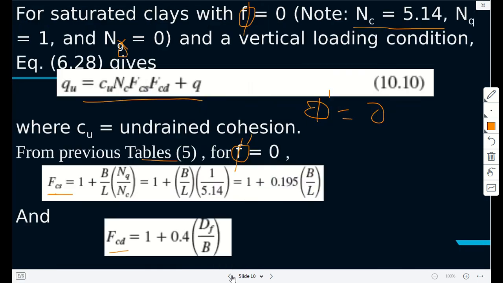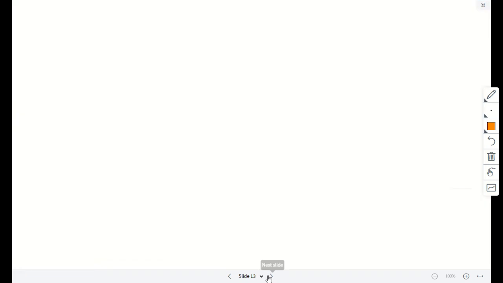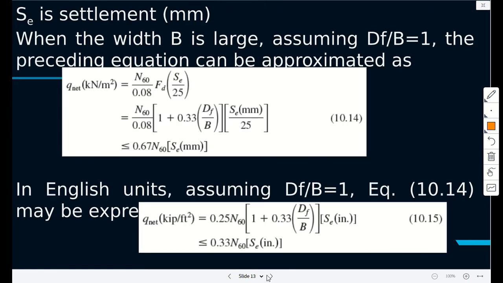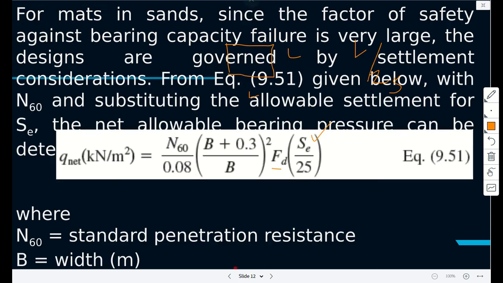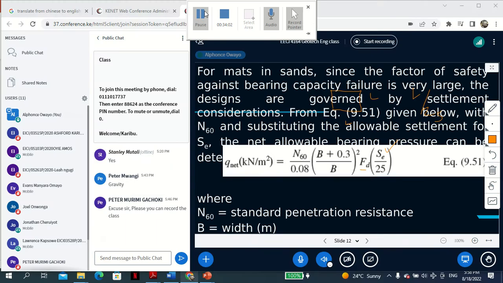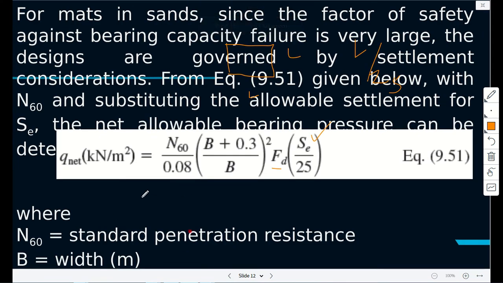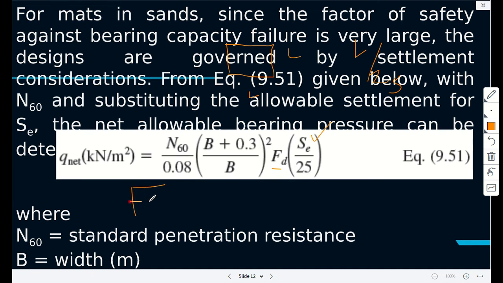FD should be defined somewhere. You get the details in the notes.